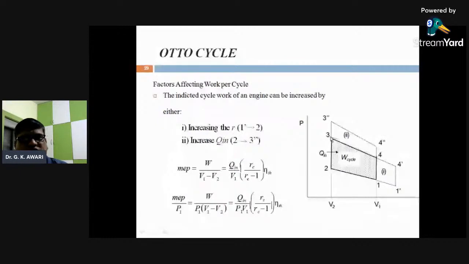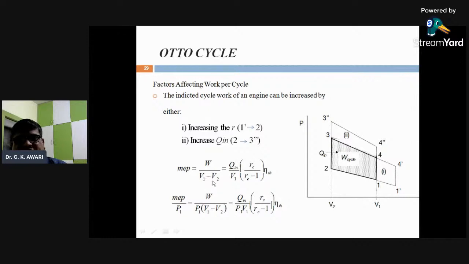Therefore MEP, that is W divided by V1 minus V2, is equal to Q in divided by V1 in bracket rc divided by rc minus 1, into the efficiency of the Otto cycle.